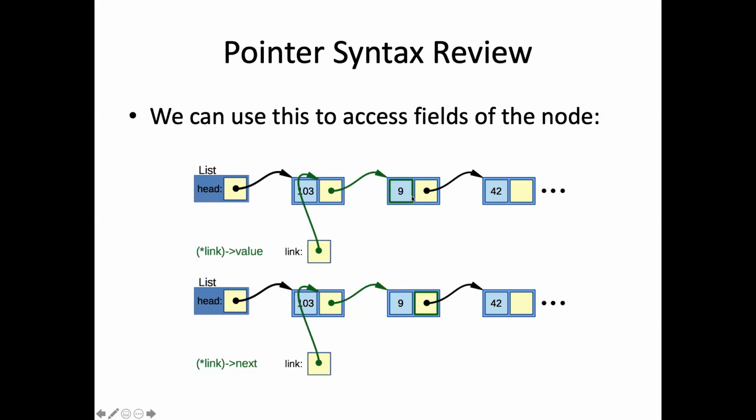If you dereference link and then use arrow value, it'll give you its value field. If you dereference link and then say arrow next, it'll give you the next field. So you can still get to the fields in that node, even if you've backed up by a pointer and you have a pointer to the pointer to this node.